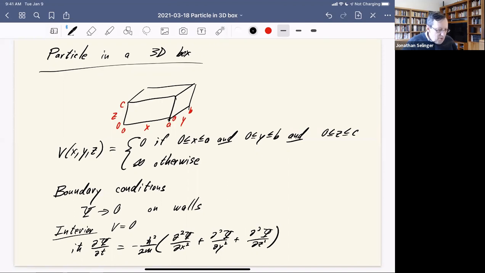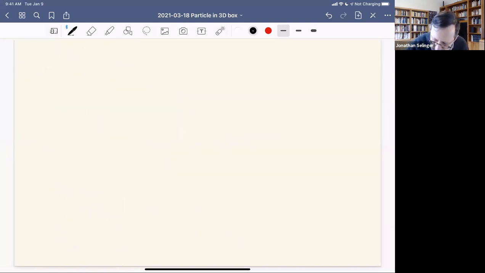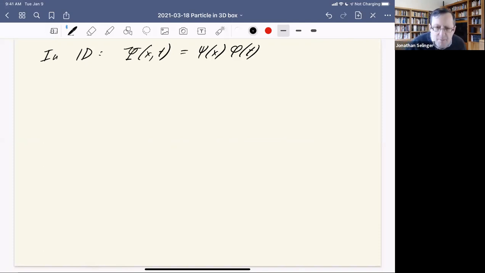You remember that when we had a problem like this in one dimension, we solved it using separation of variables. In one dimension, we guessed that psi of x and t is a function of x times a function of time.